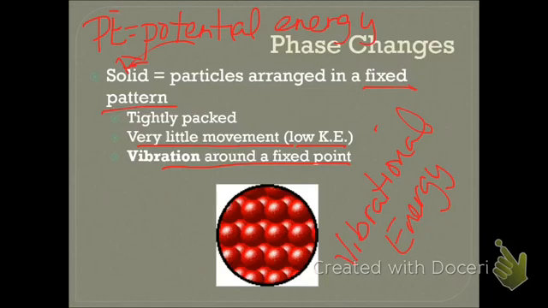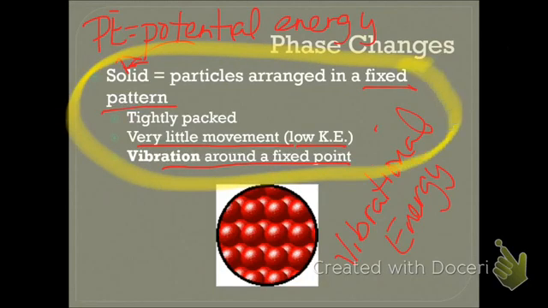Make sure that you know this information. So make sure that you understand that solid particles have a fixed pattern. Also that they are tightly packed. They have very little movement, which means the KE is low. And they vibrate around a fixed point, which is vibrational energy.